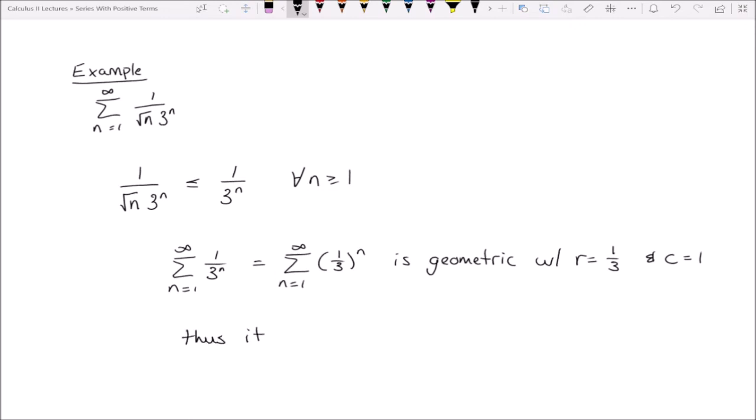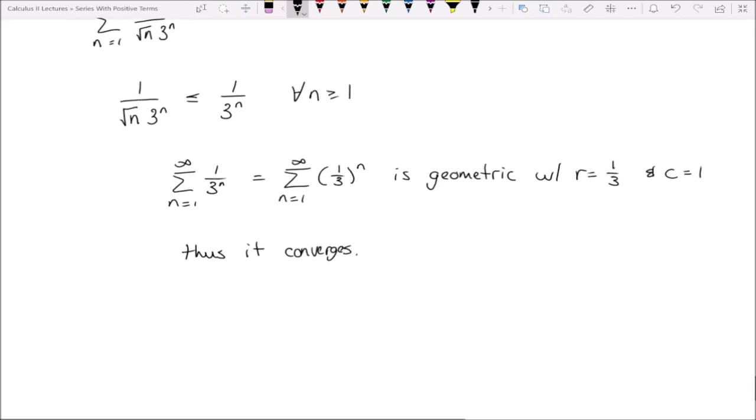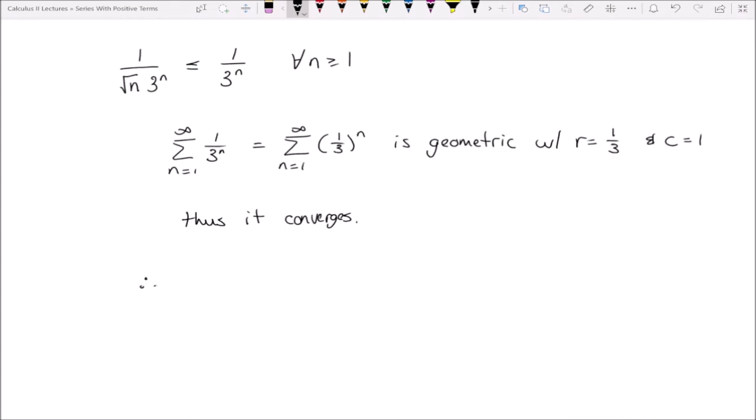Which means it converges. Therefore, our original series also converges by the direct comparison test.